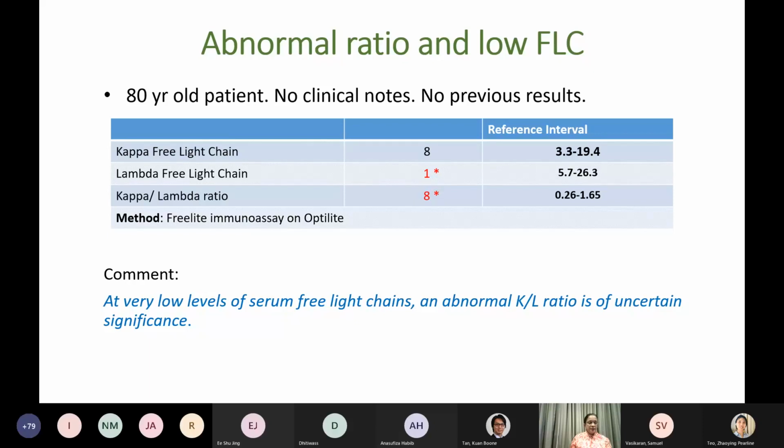So usually, if we don't have any other information related to the patient with this sort of result, we would mention the uncertainty in the comment. It's always good to correlate with clinical findings and previous results in these patients.